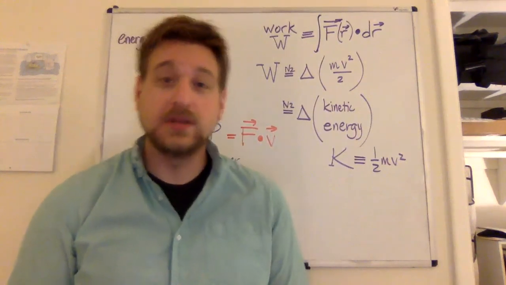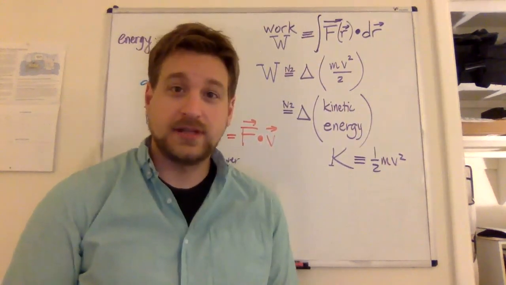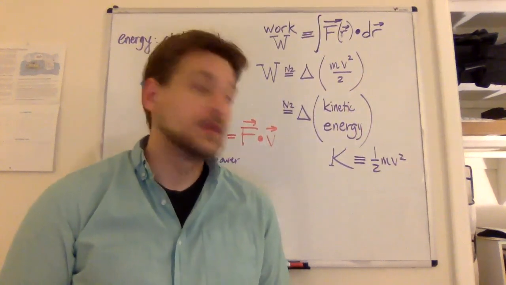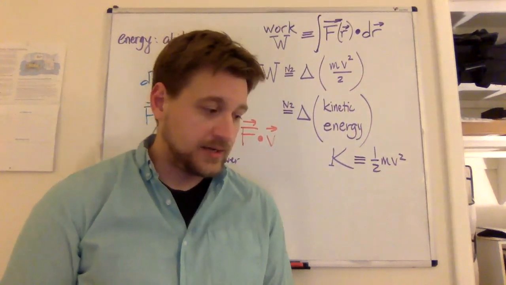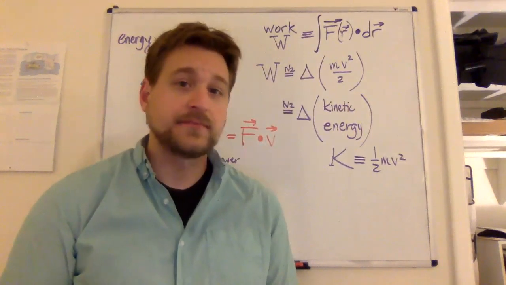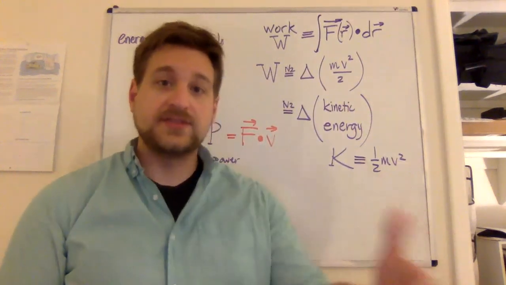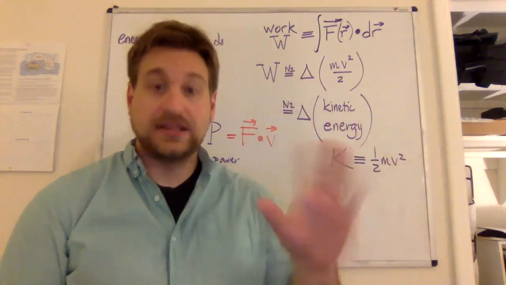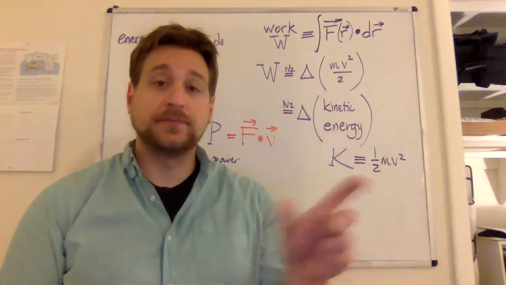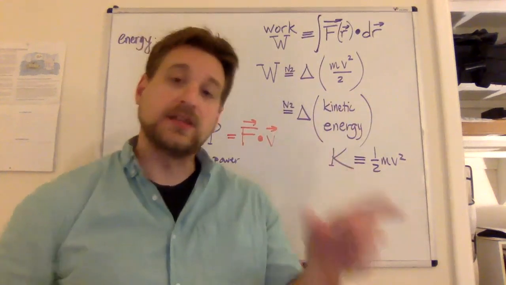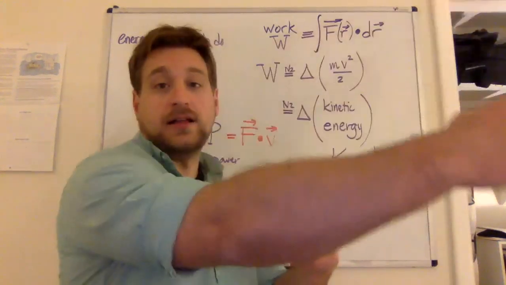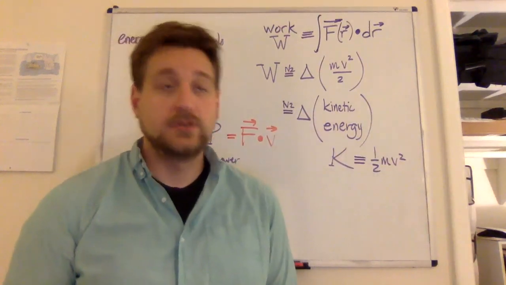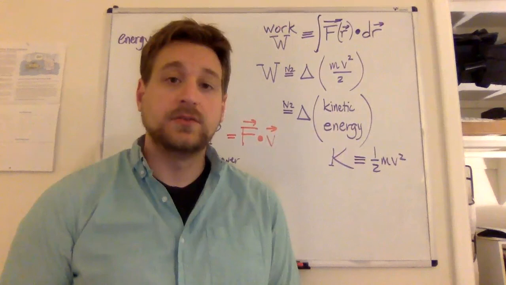We had momentum, but we don't have enough equations to solve the system. So what I don't have yet is a statement about what is conserved before and after some event. That's really what I'd like to talk about, so that I can bring that statement to bear on the problem of two things bouncing off each other. In order to answer that question, we need to go to chapter 7.